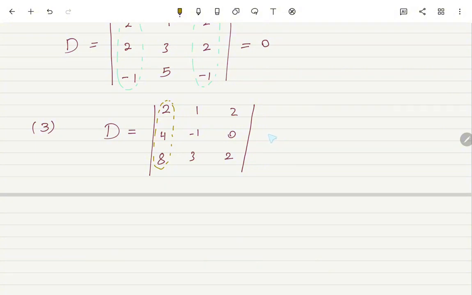So we can state that the value for this determinant, it's equal to the factor 2 multiplied by 1, 2, 4, 1 minus 1, 3, 2, 0, 2.